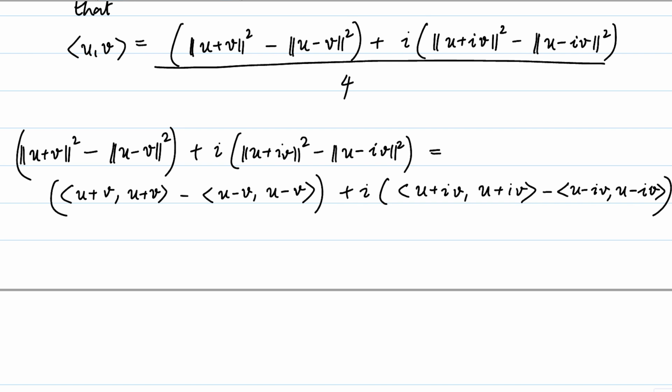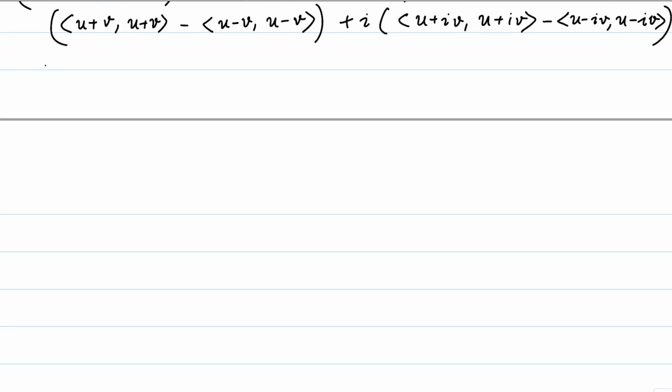Now let's expand it out and let's keep track of all the properties of the inner product that we have seen. I'll be a little quick here to write it down.